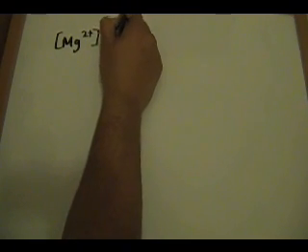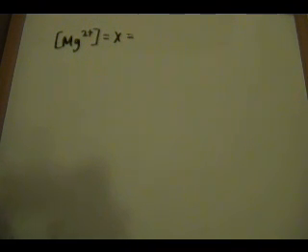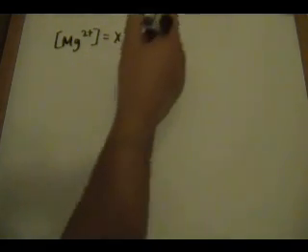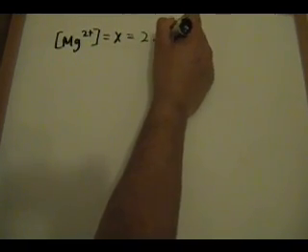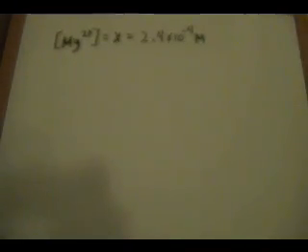So in the last video we figured out that at equilibrium the magnesium concentration, the Mg2+ concentration, which was equal to X, was equal to 2.4 times 10 to the negative 4 molar. That was the concentration of magnesium at equilibrium.